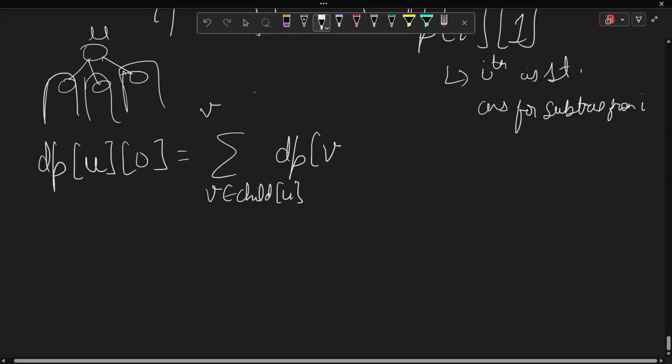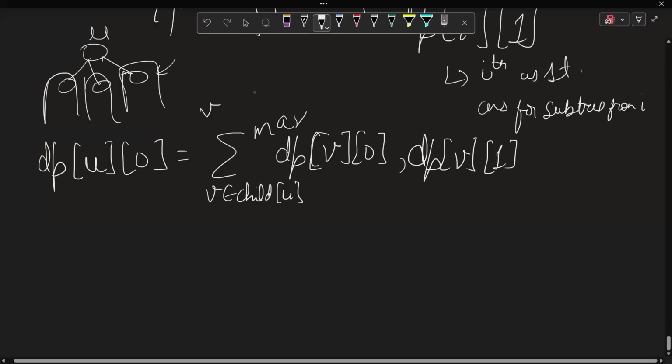For every child of u, either dp[v][0], not selected, or dp[v][1]. So this child can be selected or not selected. We would take the maximum among both, whichever is maximum. So this would be the transition for dp if this u node is not selected.